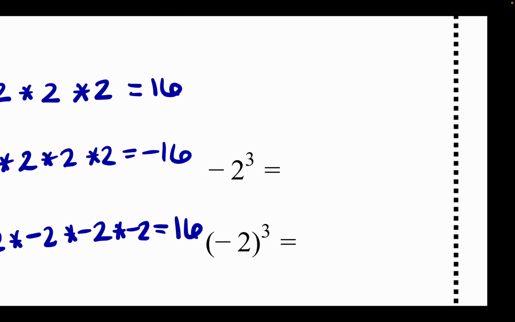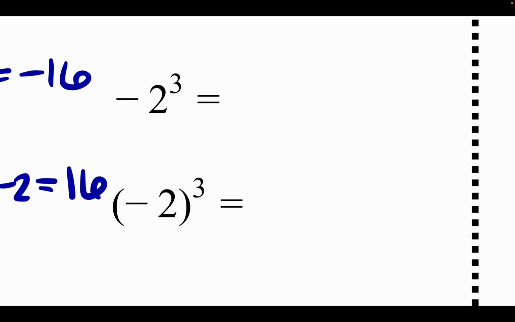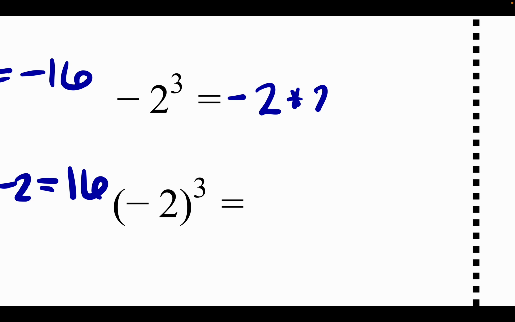Okay, same thing over here. We have negative 2 cubed, so 1 negative up front, and then 2 times 2 times 2, because only the 2 is being multiplied 3 times. So this would be negative 8. But now we have negative 2, in parentheses, cubed.